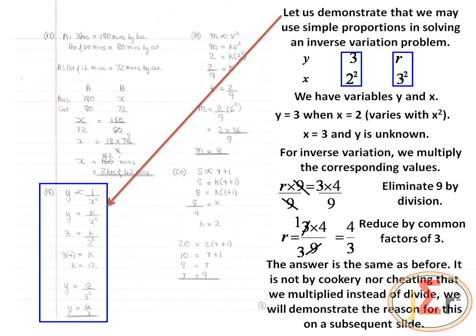We will demonstrate the reason for this on a subsequent slide. So we are always saying things, and we are always demonstrating the reason for that on a subsequent slide. And everything that we claim, we will substantiate it before we are through with these tutorials.